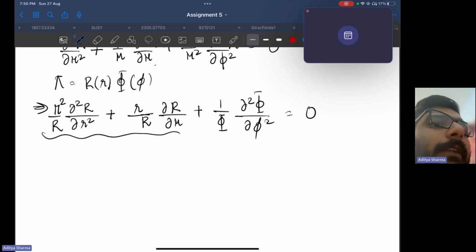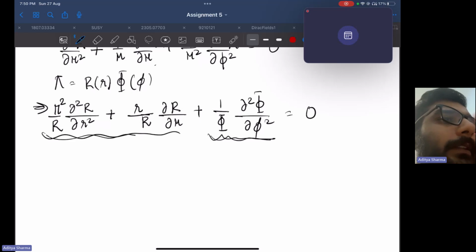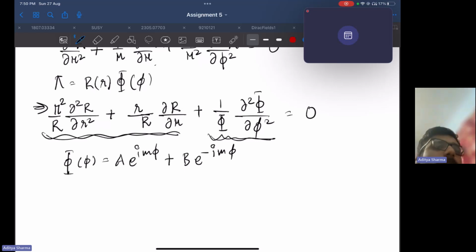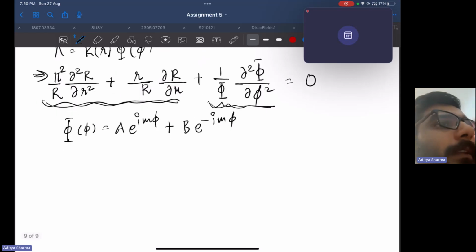Since this is a function of only r, and this is only a function of phi, let's take this to be minus n squared, and let's take this to be n squared. So if this is minus n square, we have phi of phi is simple, it is nothing but a e to the power i n phi and b e to the power minus i n phi. And where this part is m square, and this is minus m square.